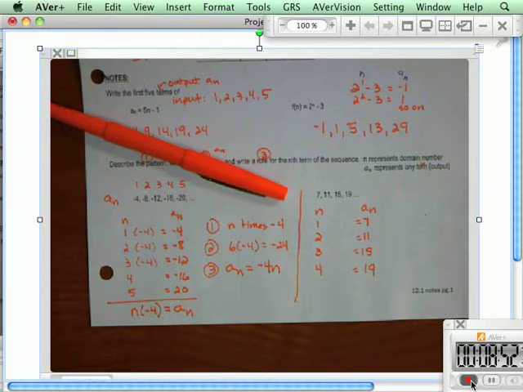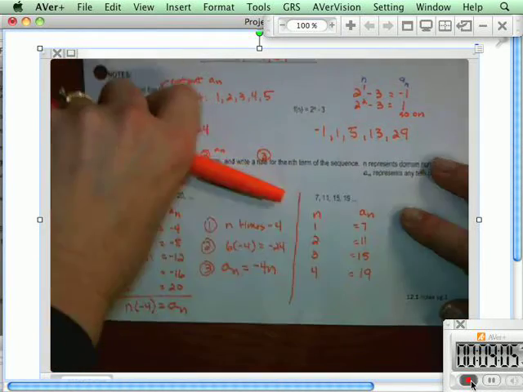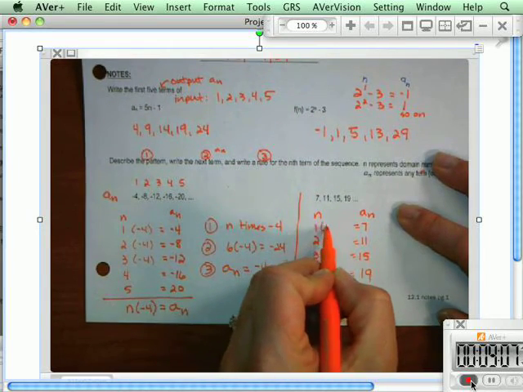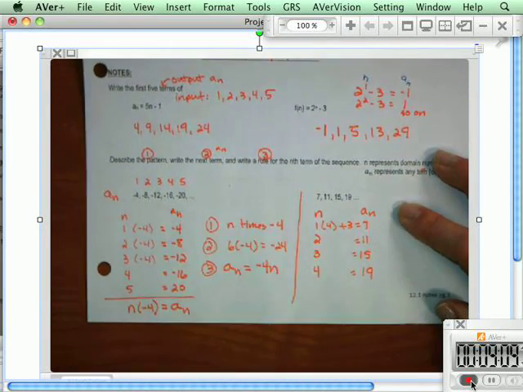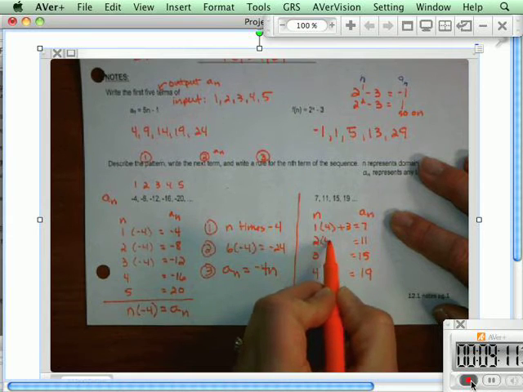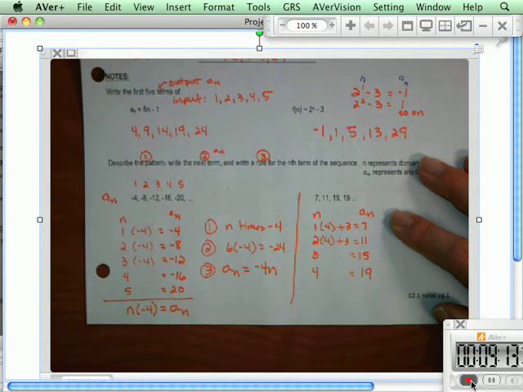Oh, Claire is saying if I do 1 times 4 plus 3, I get 7, correct? 2 times 4 plus 3, I get 11. She's onto something. Let's write that out. If I do 1 times 4 plus 3, it works for that one. 2 times 4 plus 3.